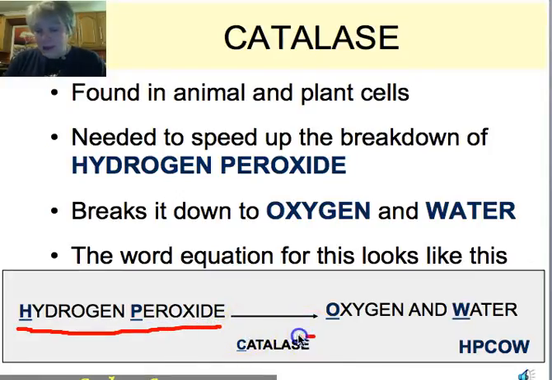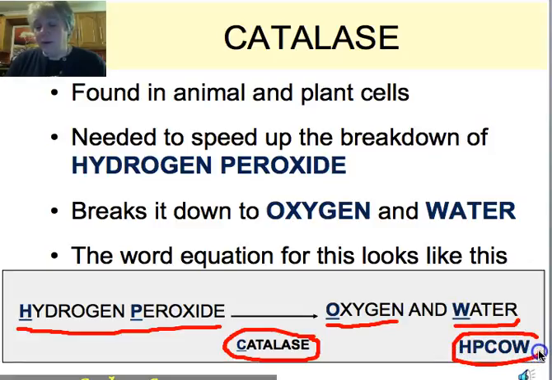The enzyme is catalase. It breaks down the hydrogen peroxide to the products, which are oxygen and water. And a good way that I always say to help to remember this reaction is to call it HP-cow. In other words, hydrogen peroxide, that's the letters in the front, is broken down by catalase to oxygen and water.